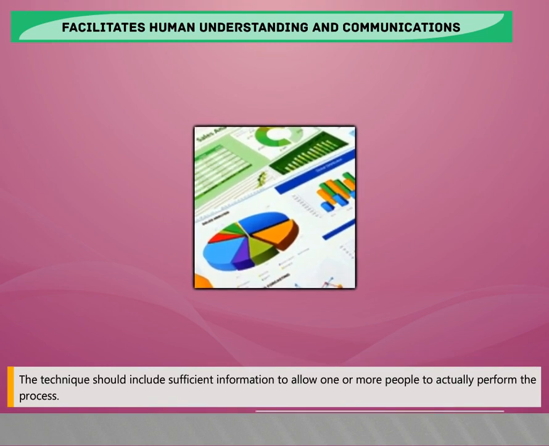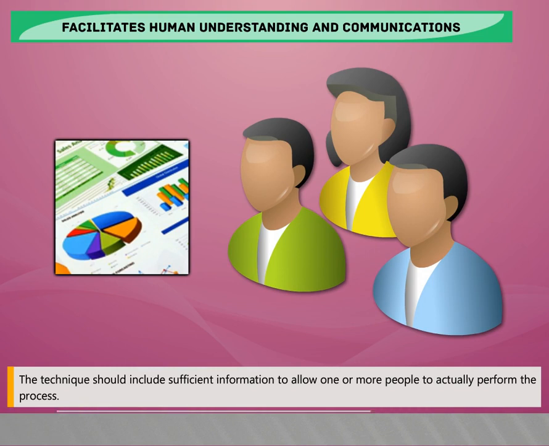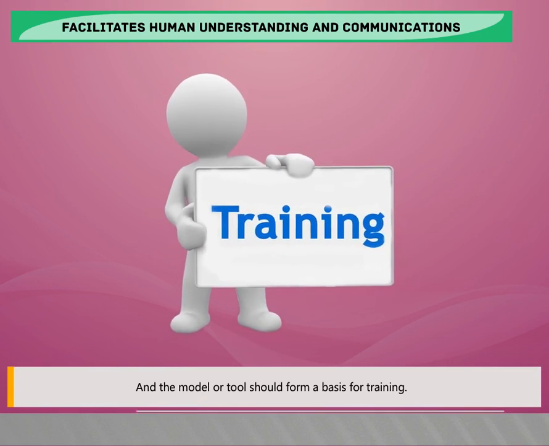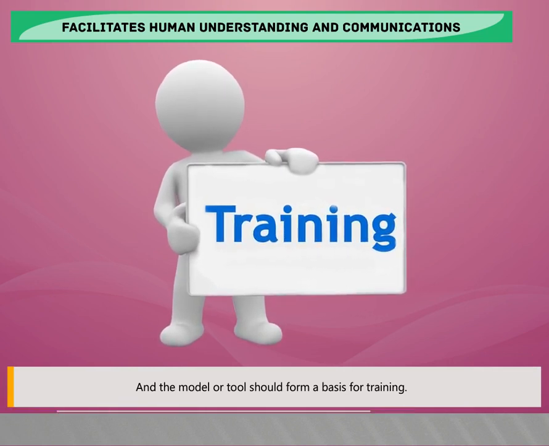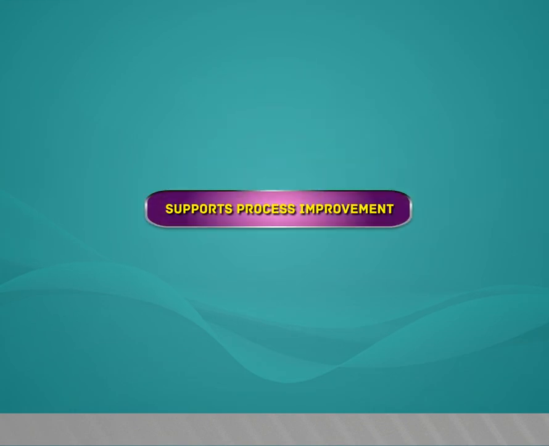The technique should include sufficient information to allow one or more people to actually perform the process. And the model or tool should form a basis for training. Supports process improvement.